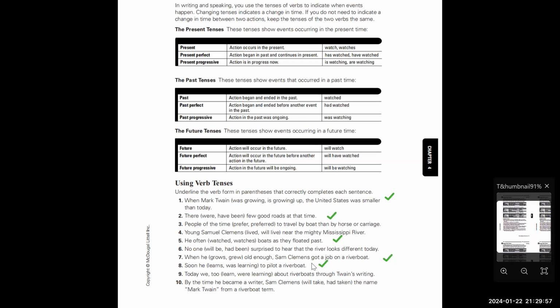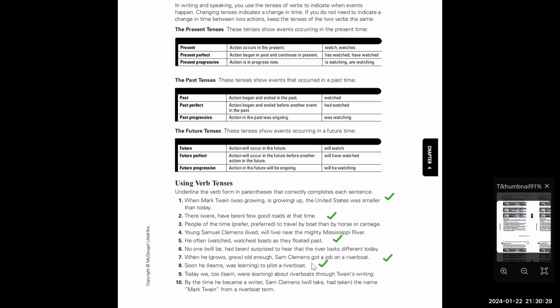Okay, number 9. Today we blank to learn about the riverboat. Ignore the "too," T-O-O.